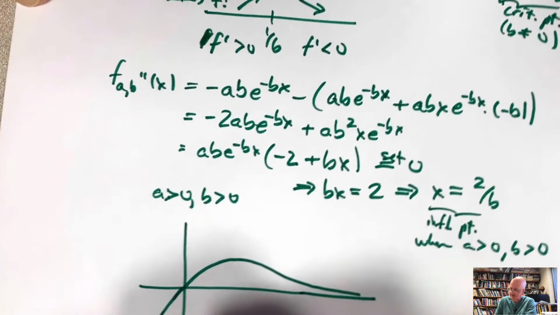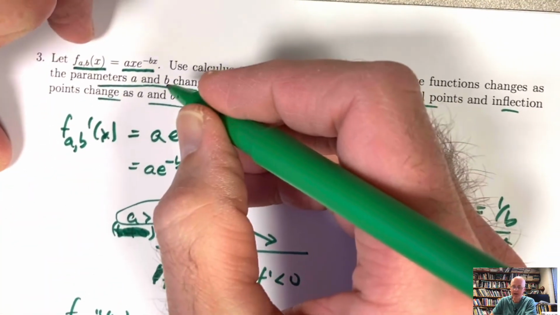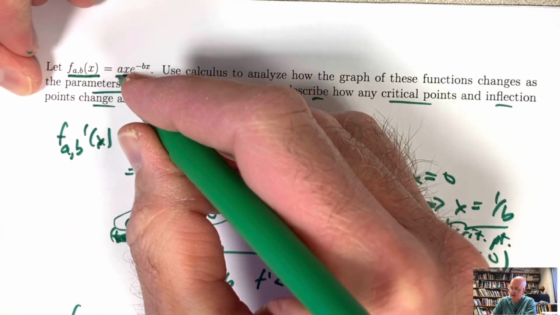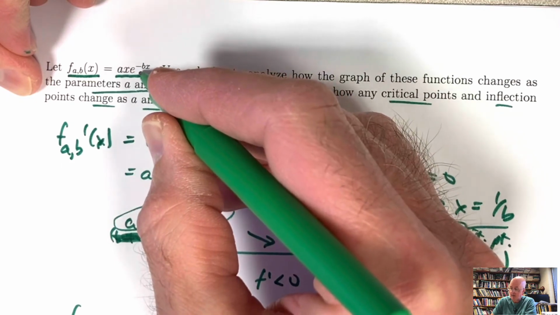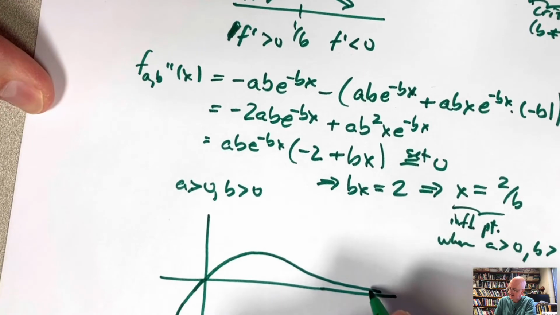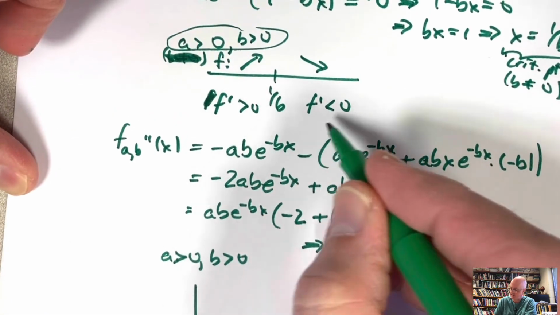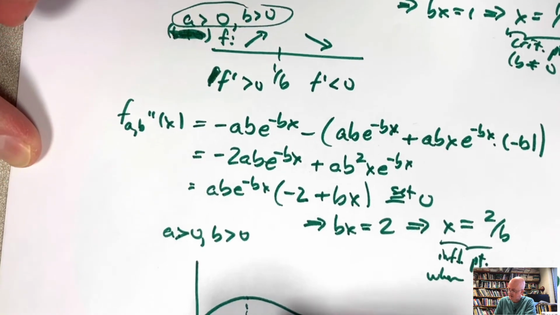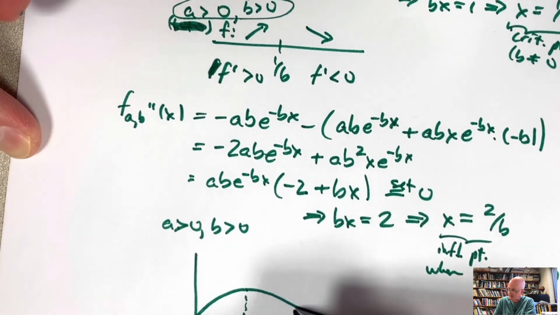It does go to minus infinity as x goes to minus infinity. If a and b are positive, you've got a quantity going to minus infinity and a quantity that's going to plus infinity. The product is going to minus infinity. It's going to look like this. Your critical point is a maximum, like I said before, by the first derivative test. That's at 1 over b. And your inflection point is right here at 2 over b.